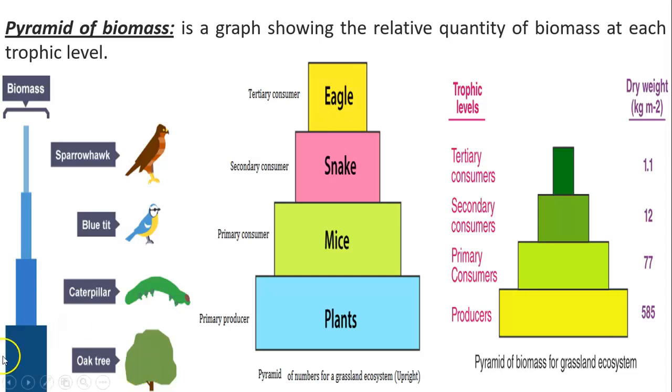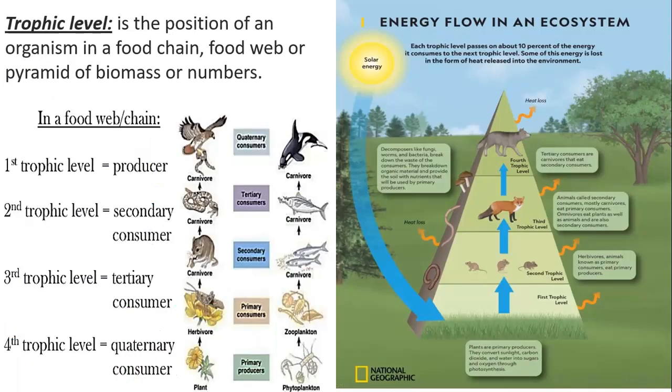So even if I have just one tree, if I weigh this tree against the 100 caterpillars, I will still have a bigger base of my pyramid, because the biomass or the dry mass of the tree will be much bigger than even 100 caterpillars. So that's why the pyramid of biomass is more biologically accurate.